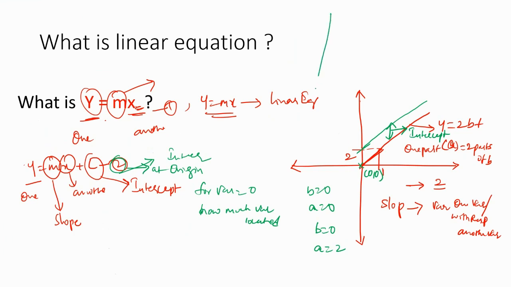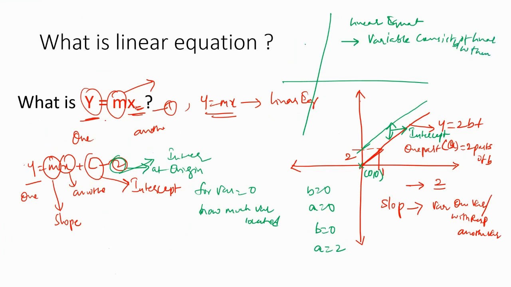So finally we came to know that a linear equation will have variables consisting of a linear relationship between them, and it may be in the form of y is equal to mx plus c. So this is our conclusion.